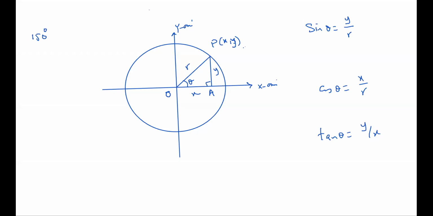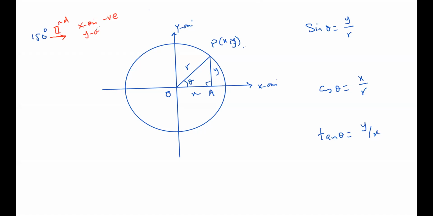Second quadrant, 30 degrees. It is going to be second quadrant, 30 degrees. Now, since you have figured out that this is the second quadrant, in your second quadrant, your x-axis is negative.